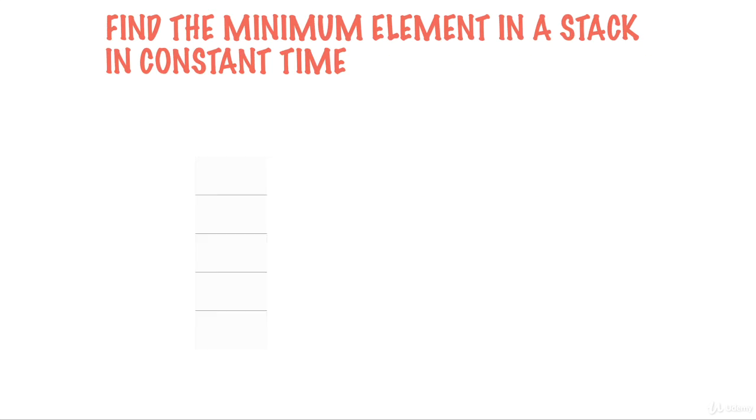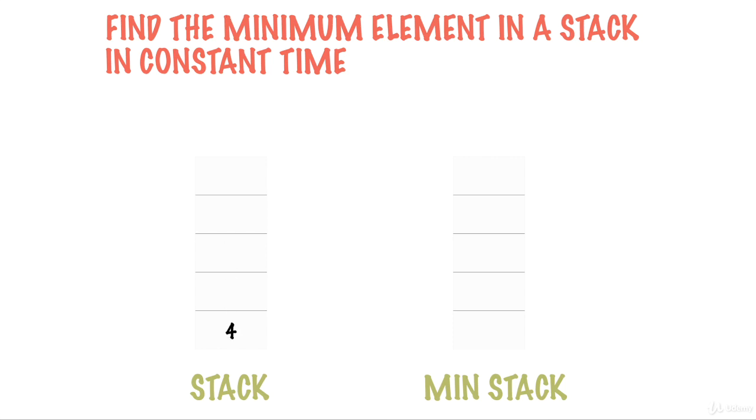Let's visualize this because it's hard to just talk about it in words. We have two stacks, the original stack and a min stack to keep track of the minimum elements. The original stack is where we'll store the elements as they come in. That's the stack we push the elements to. Let's say we're adding 4 to the original stack. Since the min stack does not contain any elements, 4 is the minimum at that point in time.